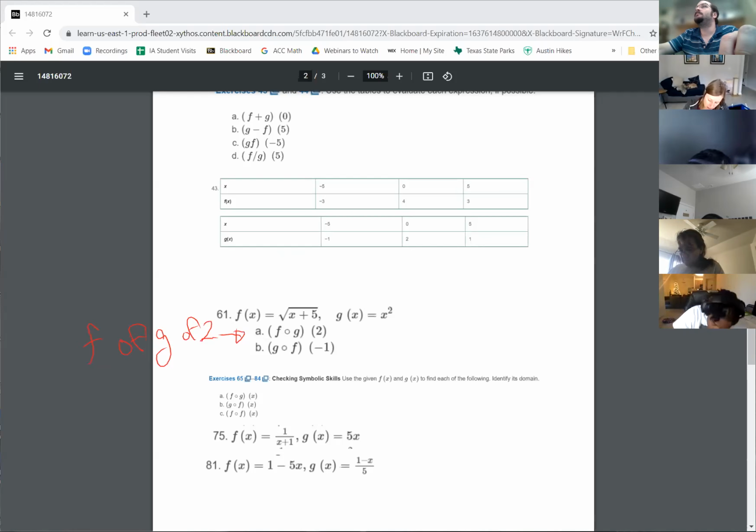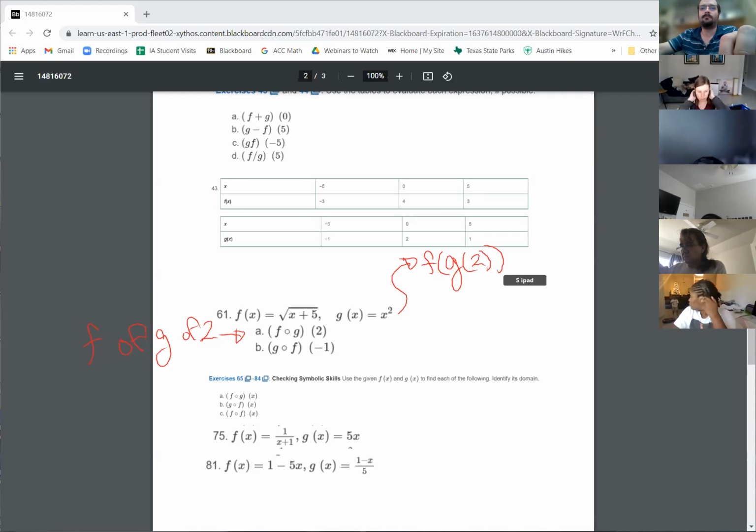What we do is we're going to plug G into F. So I'm going to rewrite it because I don't really like it written in the composition form like that. I like to rewrite it like this. The second function goes inside with the number. The reason I like to do it this way is because students usually already know that we do the inside parentheses first.